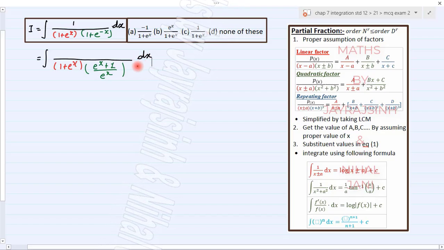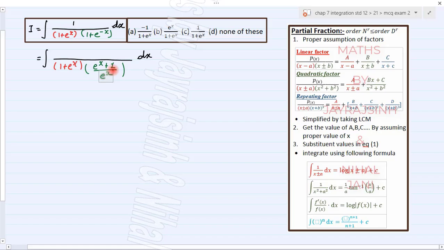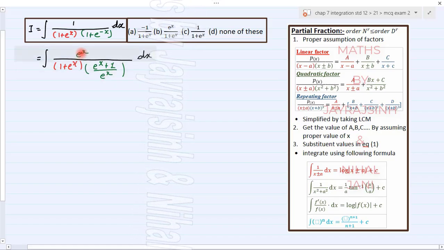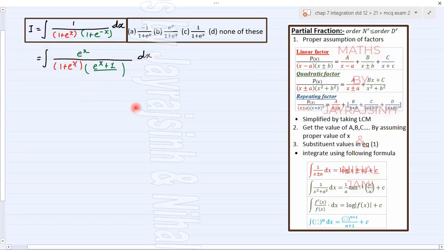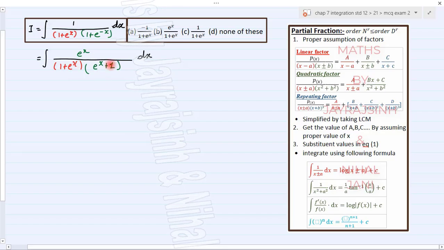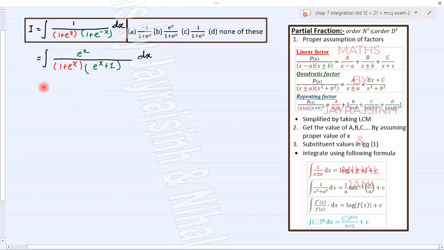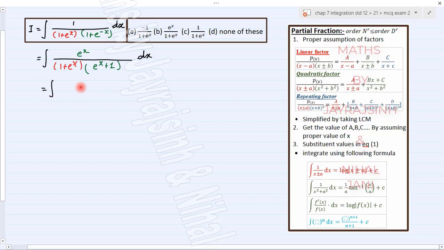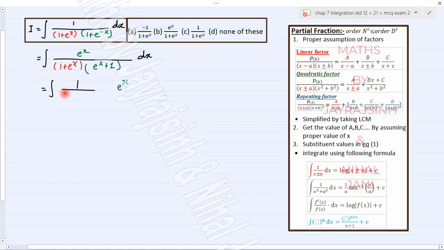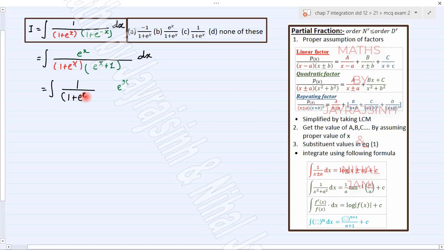Now, this e raised to x is basically the denominator of the denominator, so it will move to the numerator. So here we'll get e raised to x upon 1 plus e raised to x into 1 plus e raised to x. So it will be e raised to x upon 1 plus e raised to x the whole square.